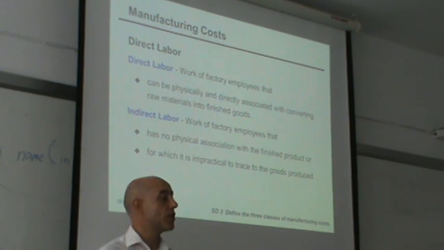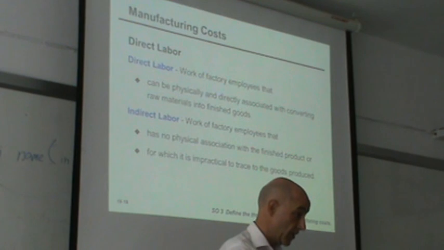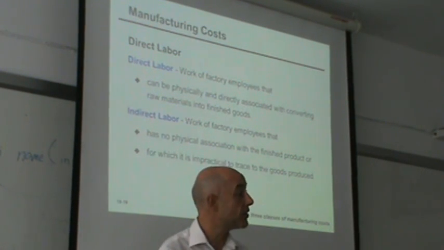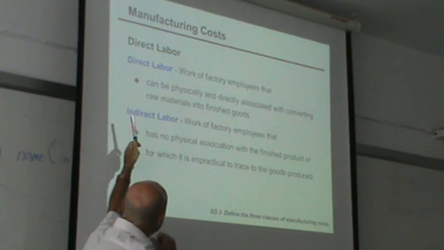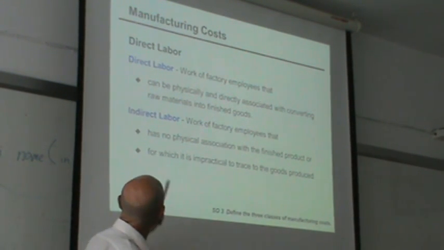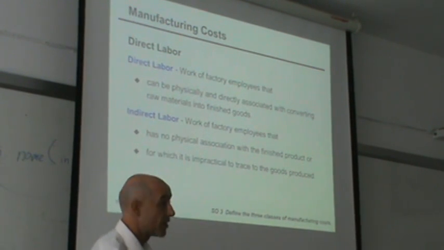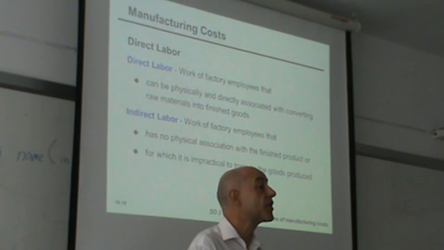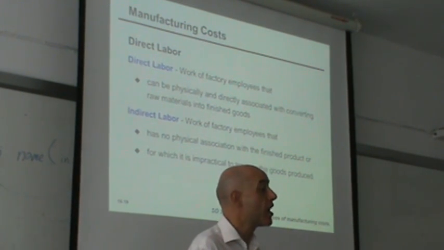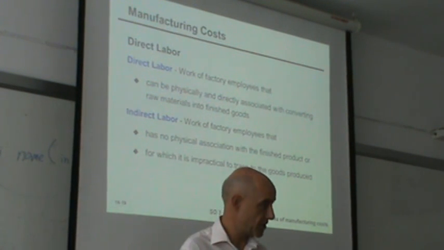So, when you go to a coffee shop, you got a little bit of a production, the production of the coffee you drink, and a little bit of a service, okay? So, that's direct labor, directly associated with converting raw materials into finished goods. We're talking here about specifically manufacturing costs, but they also apply to services, okay?